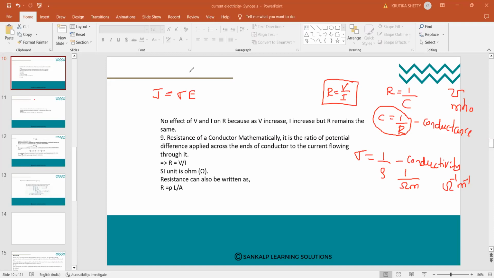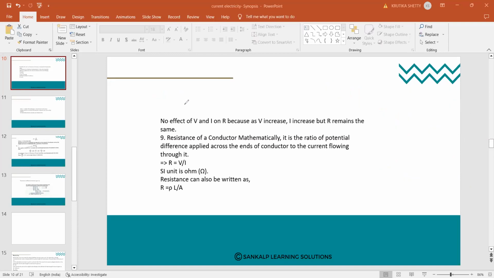Then this conductivity, in terms of relaxation time, is given by n e square tau divided by m. Correct? If you want to write it for resistivity, it becomes m upon n e square tau.